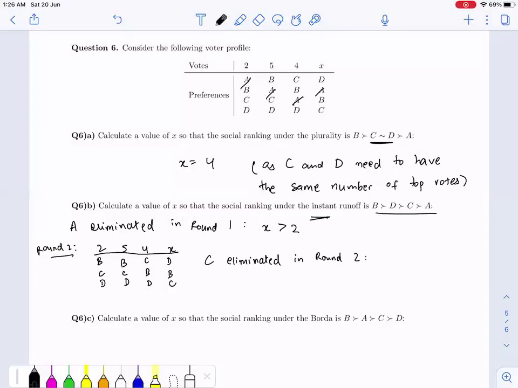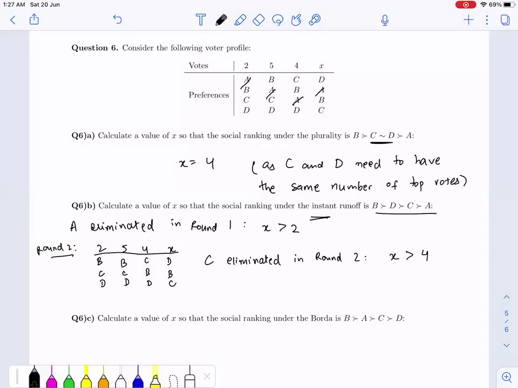So C needs to have the least number of top votes. So B has 7 top votes, C has 4 top votes. So X must be bigger than 4 for D to not be eliminated in this round.